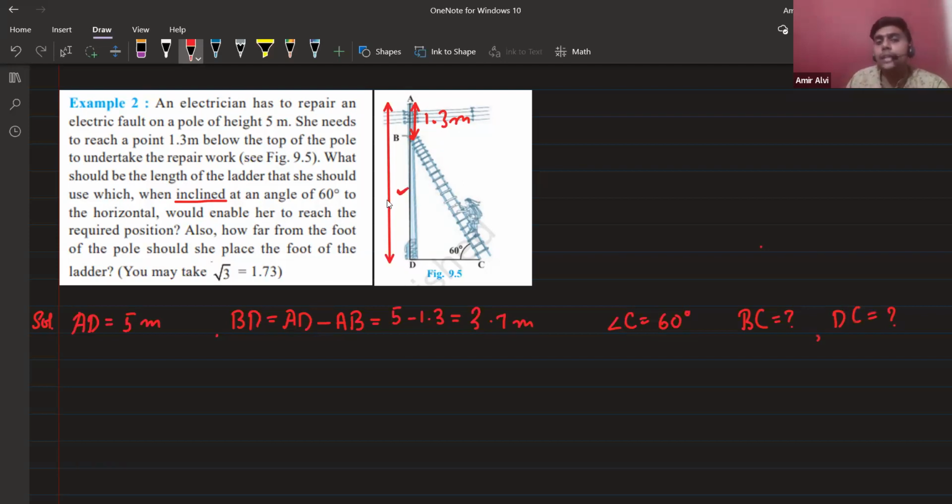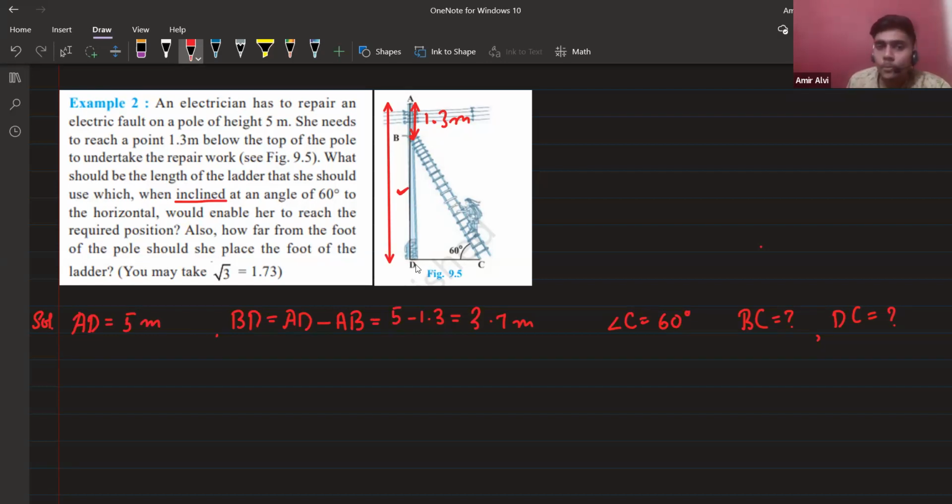We have the value of only the perpendicular. Which ratio can we take? Okay, one by one. Karishma, what are you saying? Can we take tan?